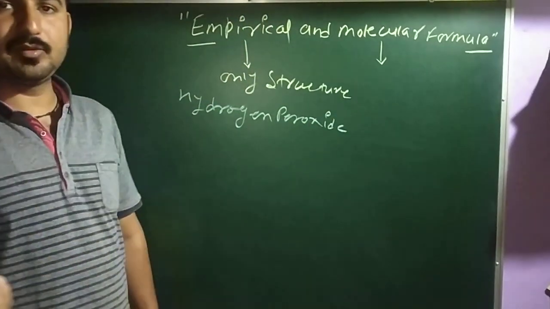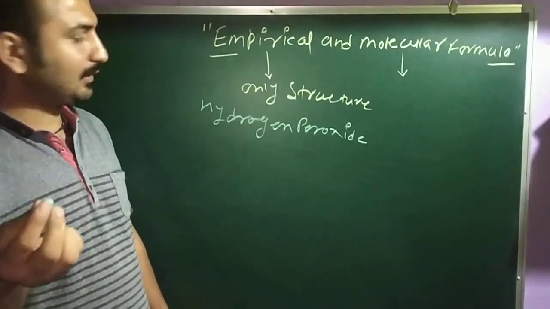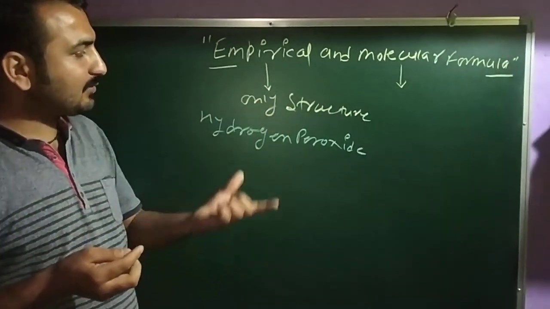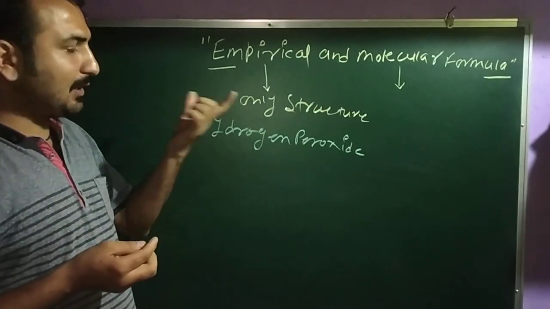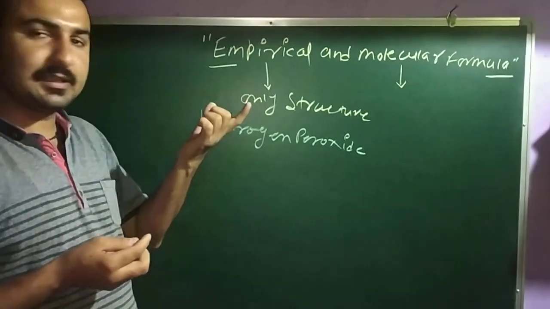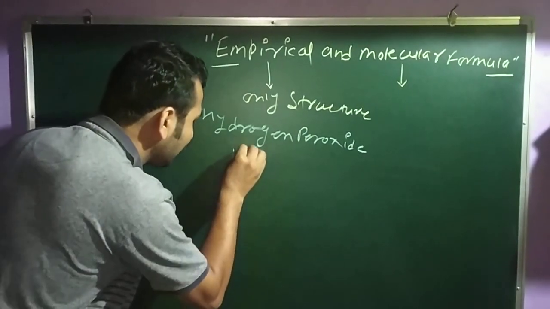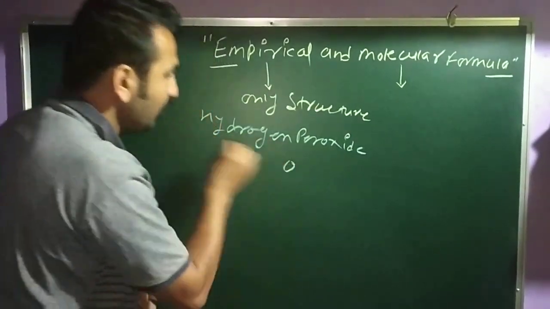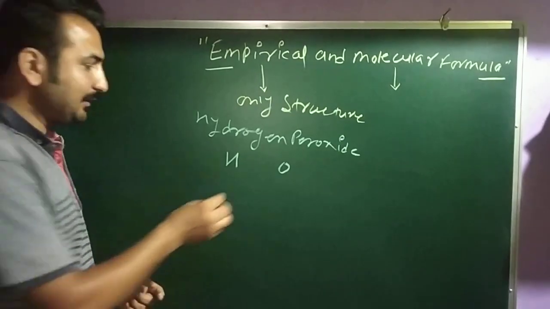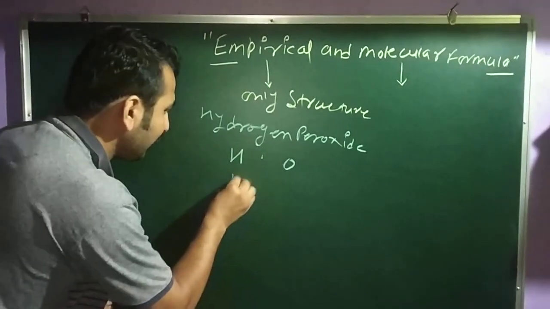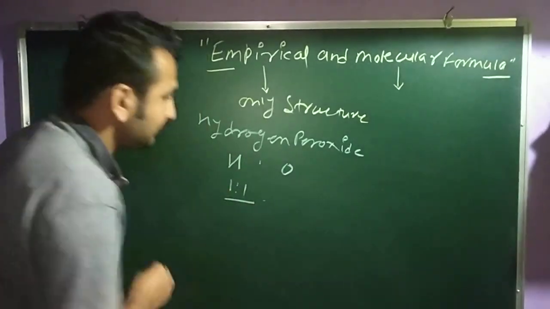We all know the formula of hydrogen peroxide. But the empirical formula says how many atoms or elements are present in a particular compound. In hydrogen peroxide, you see that here is one H and here is one O. That means the ratio of H to O atoms is 1:1.